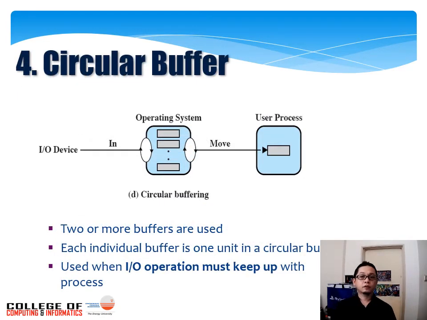And of course, for much faster processing between the I/O device and the user process, the circular buffer is introduced. Basically, a circular buffer is where we have more than two buffers at the same time. This is needed when an operation must keep up with the user process.